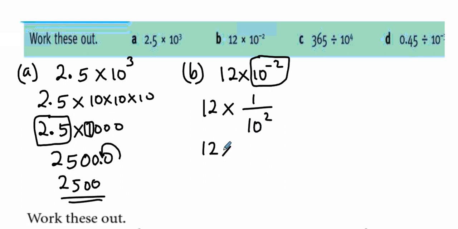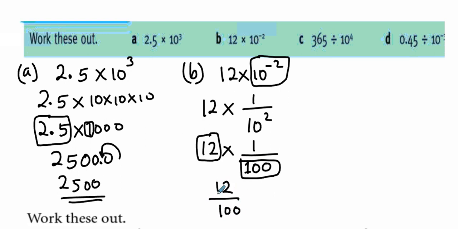It is 10 times 10, which is 100. Now this will be equal to 12 divided by 100. 100 has two zeros, so you count two numbers, 1, 2. So the answer will be 0.12.